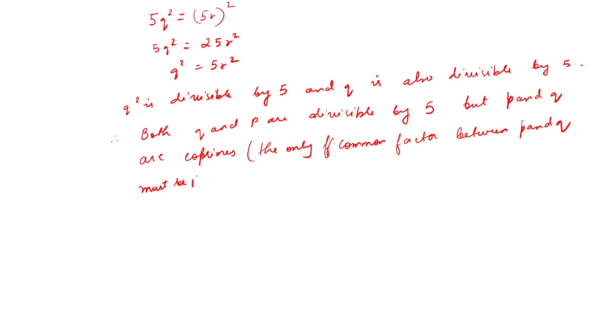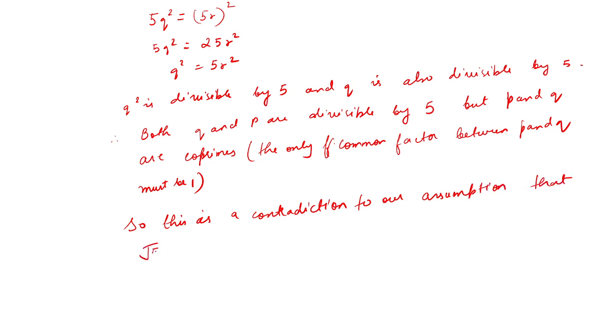So this is a contradiction. It's a contradiction to our assumption. What was our assumption? The assumption that root 5 is rational.